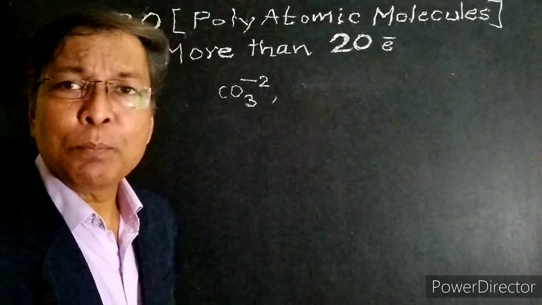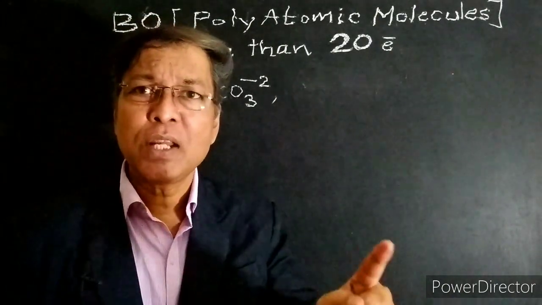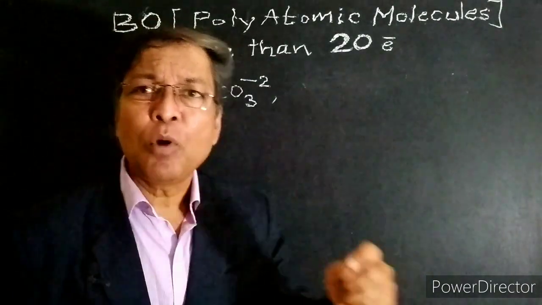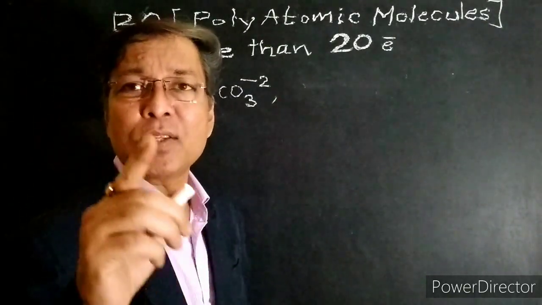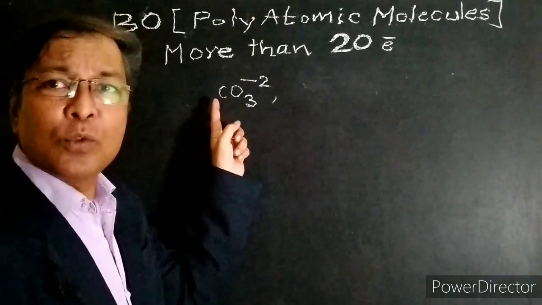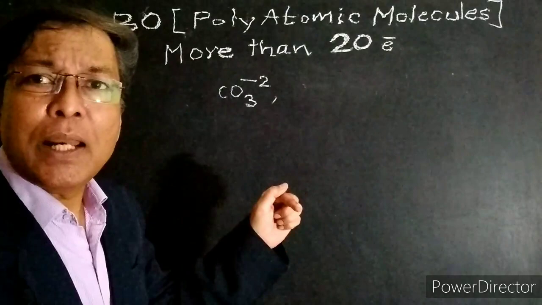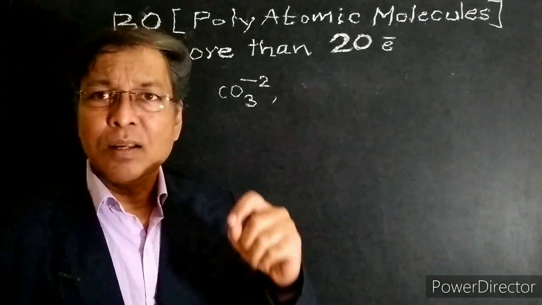The atom which is present in less number is taken as the central atom. In this case, there is 1 carbon atom and there are 3 oxygen atoms. That means the carbon atom is present in less number. Therefore, the central atom is carbon.